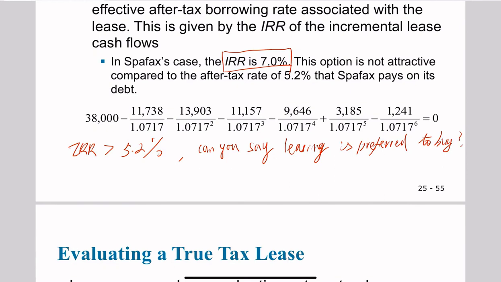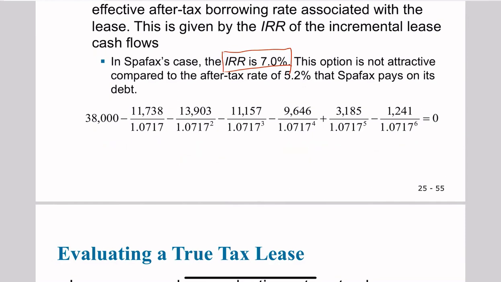Well, you cannot. So here, the IRR is larger than the discount rate of 5.2%. In this case, this basically tells you that leasing is undesirable. So this is really related to the IRR rule from Corporate Finance 1.